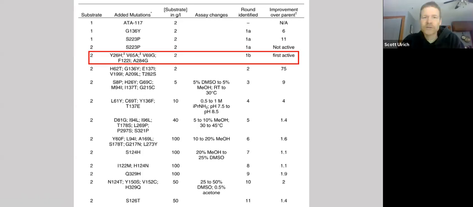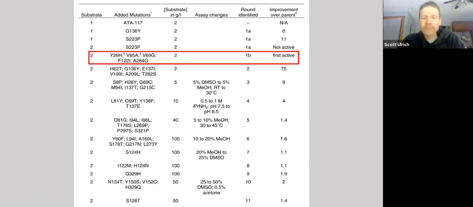So it can be a change in the amount of substrate, which is the ketone that they're trying to do the transamination reaction on. It can be a change in the reaction conditions, or the assay changes, which would be starting to add some organic solvent to the aqueous buffer that they're doing the reaction in. So the improvement over parent is how much better the enzyme is under these new conditions than the previous one, or its parent.